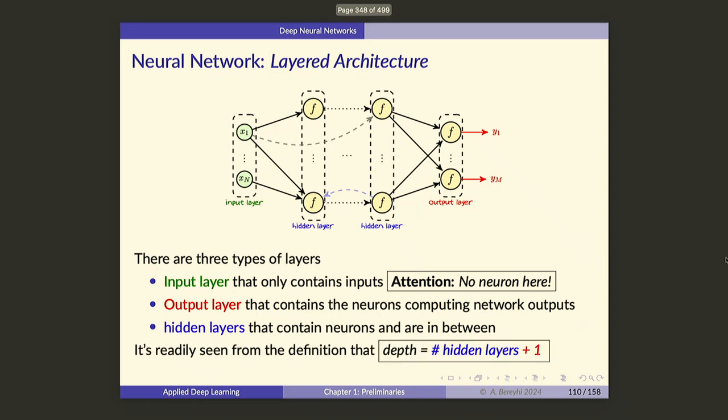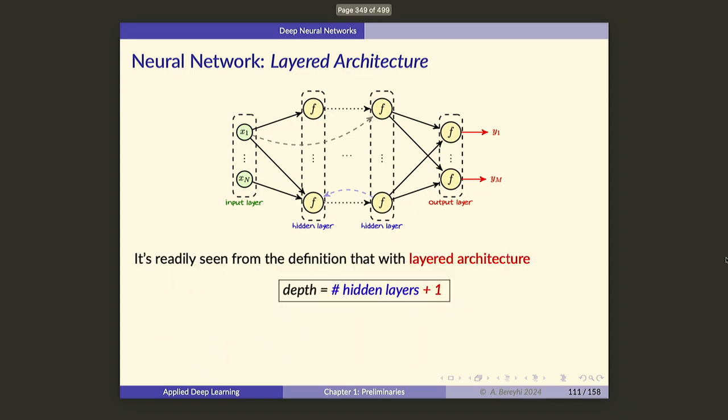Great. So the depth of a neural network architecture is going to be the number of hidden layers that you have plus 1, where the 1 is your output layer. Clear? Now, if this is the depth, what is a deep layered neural network?